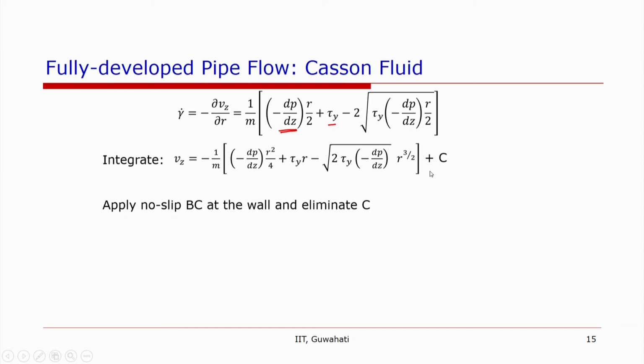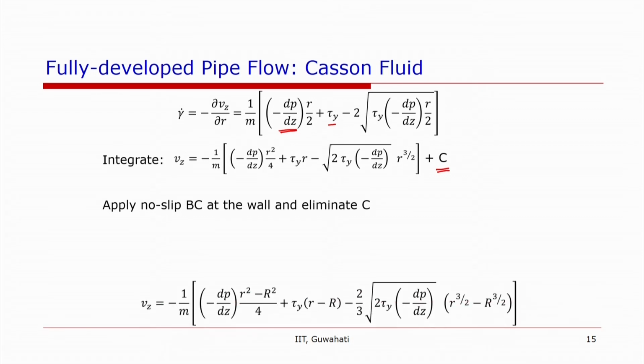Now we apply a no slip boundary condition on the wall, so that we can find out this integration constant c. So we can substitute and get the velocity profile. So we can write that Vz at R is equal to capital R is equal to 0 because of the no slip boundary condition, and we substitute R is equal to capital R in the equation.